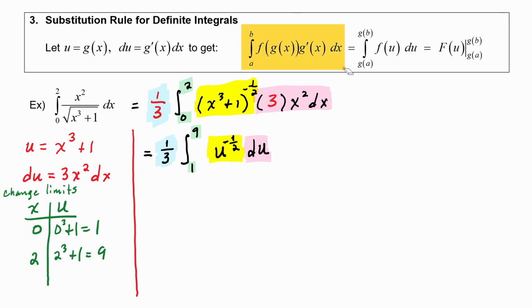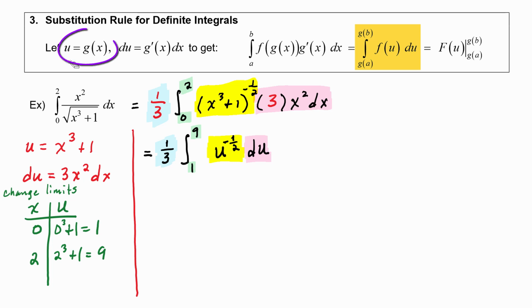This part, the integral from a to b of f of g of x, g prime of x dx, that's who this is. We took this original form and put it in a more workable form. So that's this part of the rule. Now this step here is actually this part of the rule, where we have the function in terms of the u variable, f of u, that's u to the negative half, the du is the du, and the g of a means we took the lower limit and plugged it into g of x.